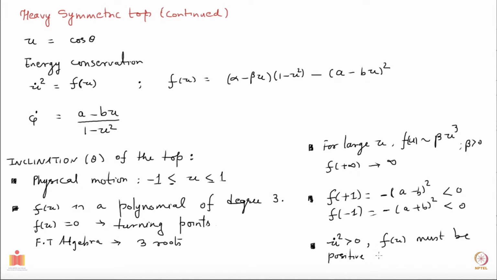Because otherwise there is no solution possible. So it has to be positive somewhere. Maybe not the entire interval from -1 to 1, but in some interval it should be positive. Otherwise nothing makes sense.